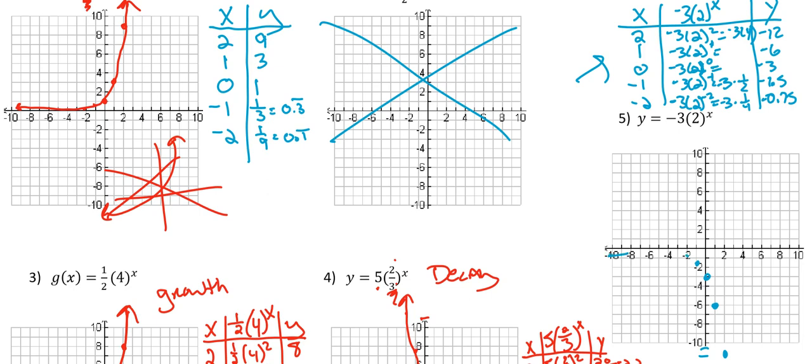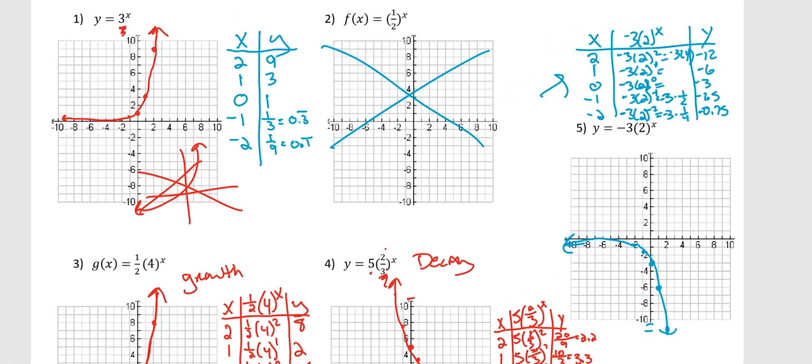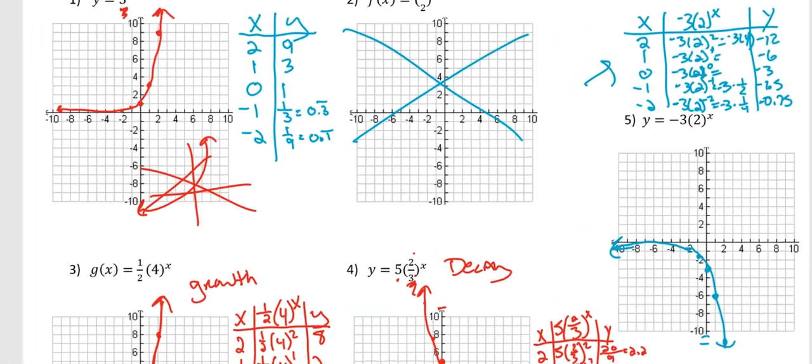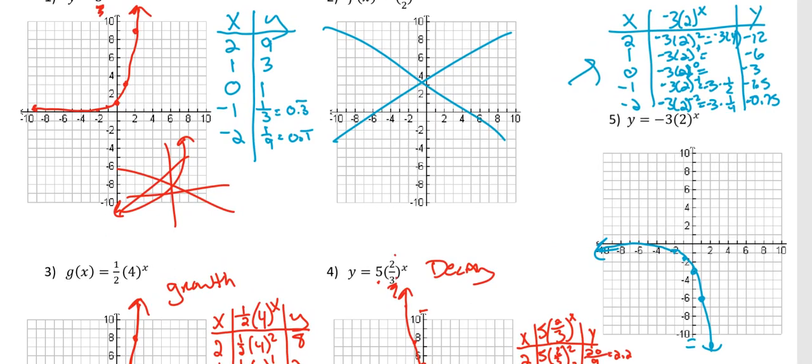So basically, this graph will look something like this. Now, even though it's underneath like this, you would still consider this growth because the thing that's in the parentheses is greater than 1.